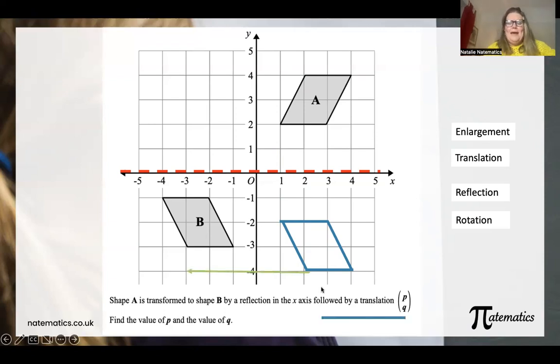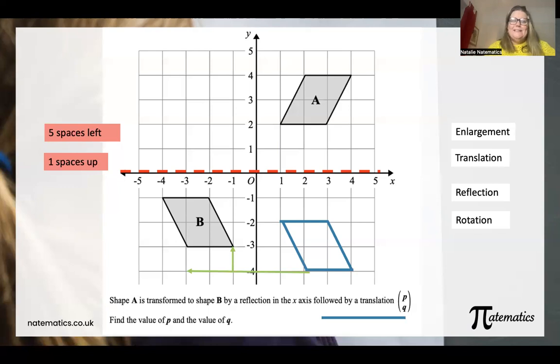So let's just compare one of the corners. So this corner has moved from there to there. And obviously the rest of the shape moved in the same direction as well. So we can say that it has gone 5 spaces to the left and it's moved 1 space up. So 5 to the left, negative. So we need -5 and +1.